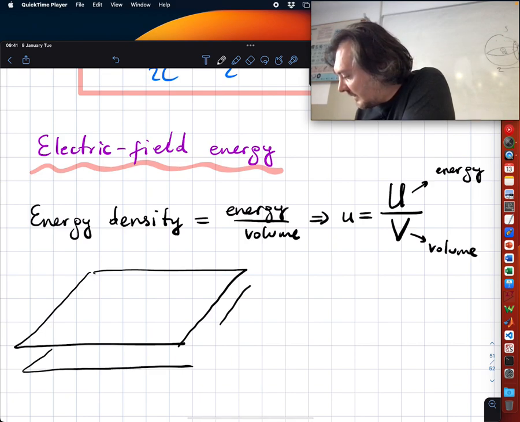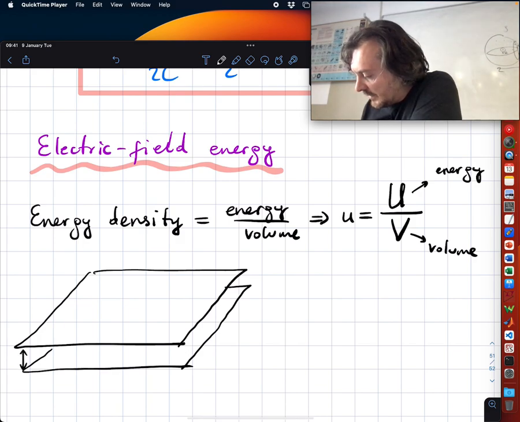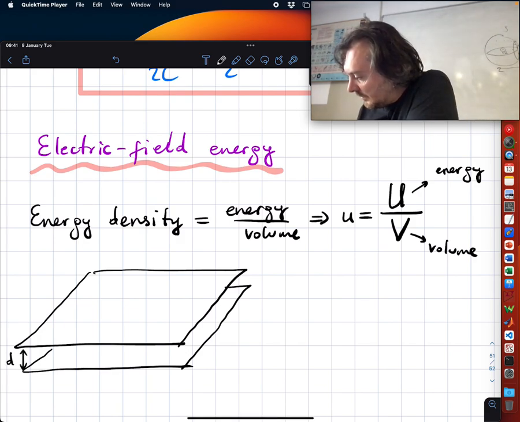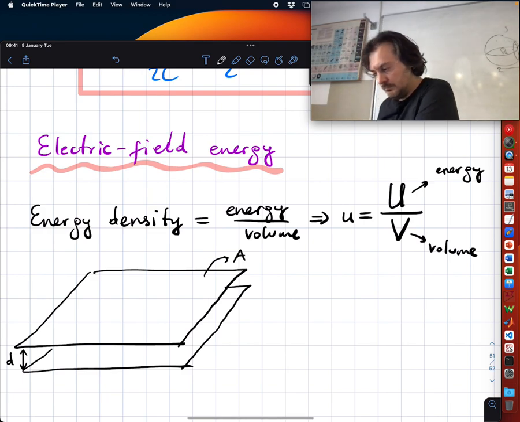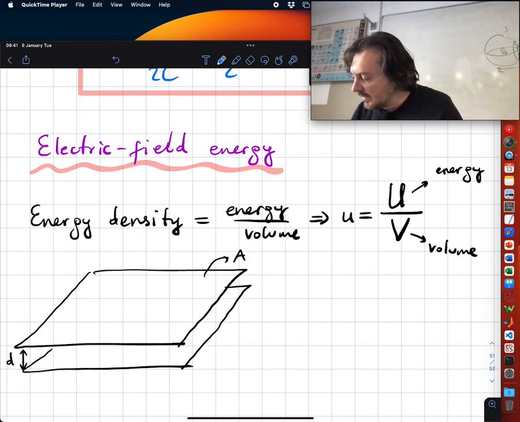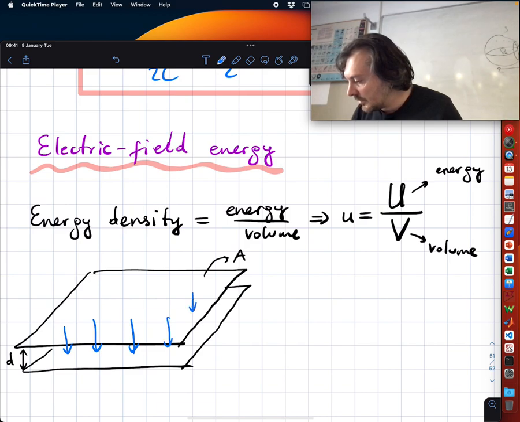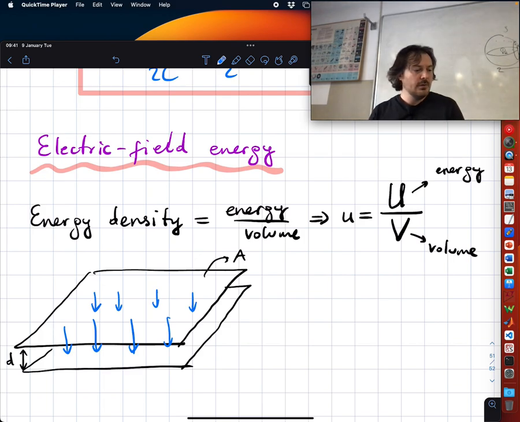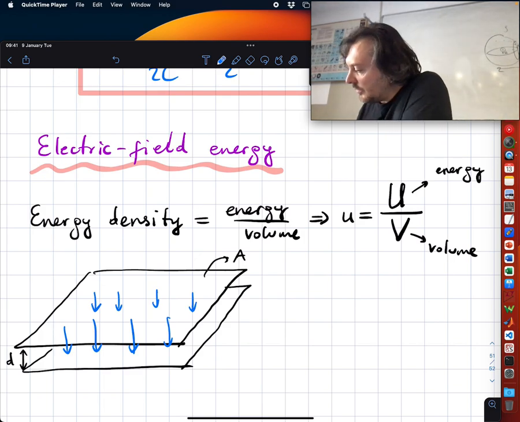So if you take a large enough capacitor, let's say with a distance d and area A, if it's a parallel plate capacitor, you can assume that the electric field is uniform throughout this object. Do you have any questions here at this moment? No. So we have already learned that U is Q squared over 2C, right?